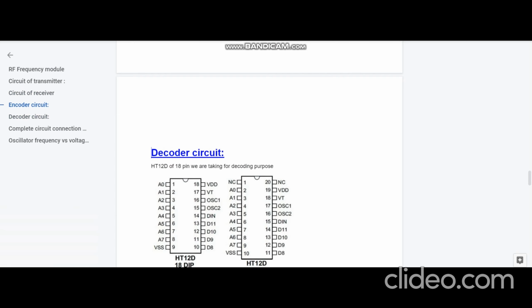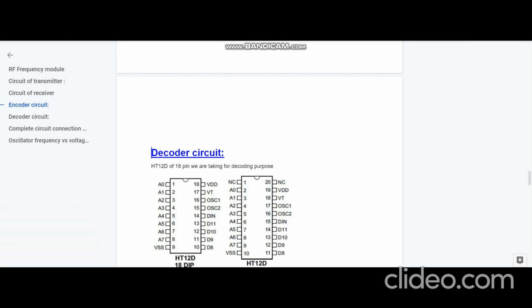OSC1 and OSC2 are used to connect an external resistor for the internal oscillator of ST12D. OSC1 is the oscillator input pin. OSC2 is the oscillator output pin, as shown in the figure.